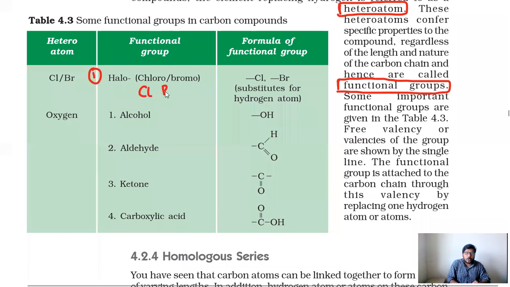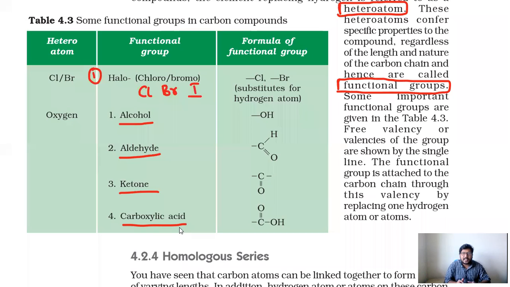Chlorine, bromine, iodine. 3 we will get as halos. And the second functional group name is alcohol functional group. Next, aldehyde functional group, ketone functional group, carboxylic functional group. I'll teach you how we can get these.